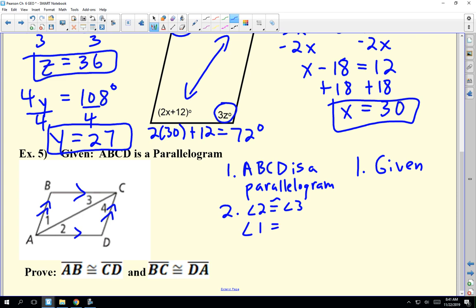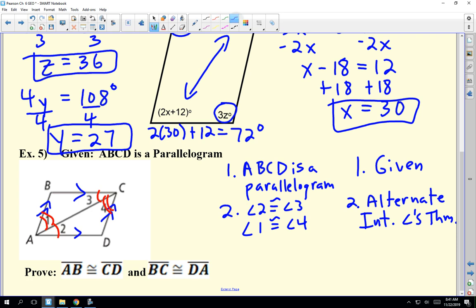Angle 1 is congruent to angle 4. That's by alternate interior angles theorem. So I've got a set of angles here congruent, another set here congruent.